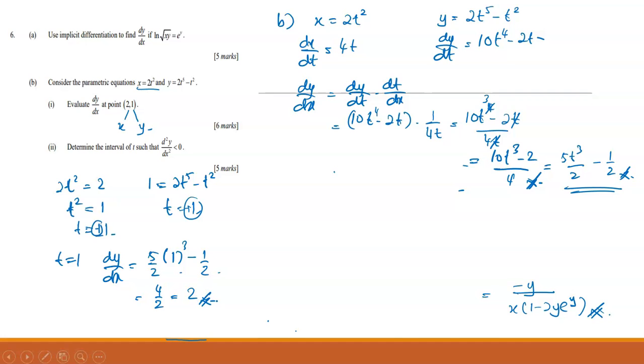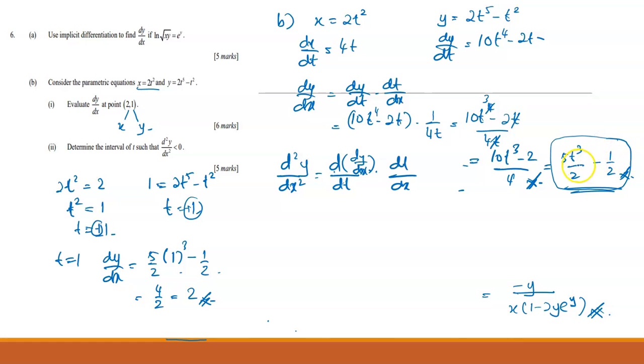Then 5 over 2 minus 1 over 2 is 4 over 2, which equals 2. And then determine the interval of t such that the second derivative equals 0 or is less than 0. So now we're going to find the second derivative of y with respect to x. We differentiate dy/dx, which we got just now, again, multiplying with dt/dx.